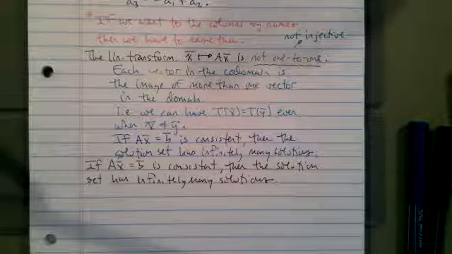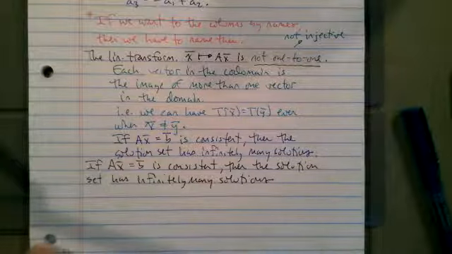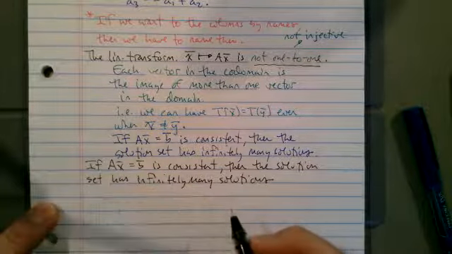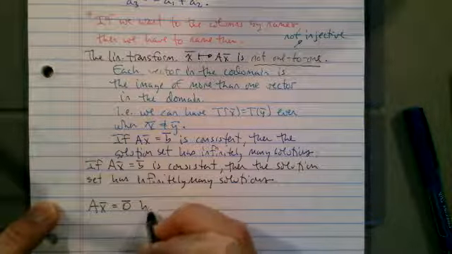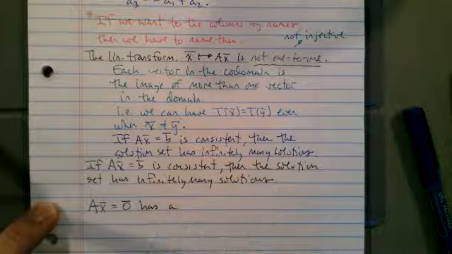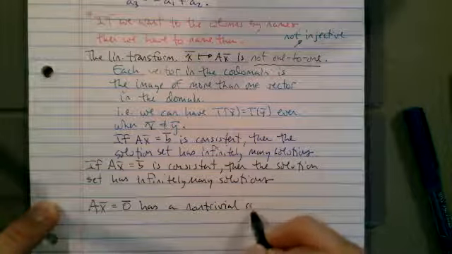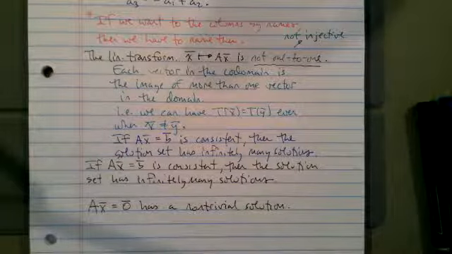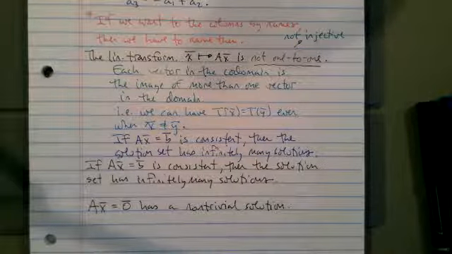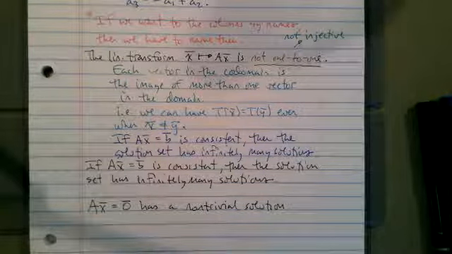Another way to say this is to phrase it with the homogeneous equation, which is something that we have to consider with linearly independent or dependent sets. We could say that Ax = 0 has infinitely many solutions. Or the normal way to say it, has a non-trivial solution. And if Ax = 0 has a non-trivial solution, then Ax = 0 has more than one solution, which means it must have infinitely many solutions.